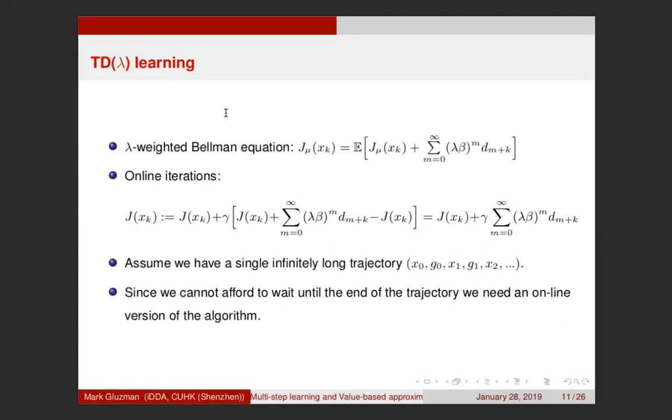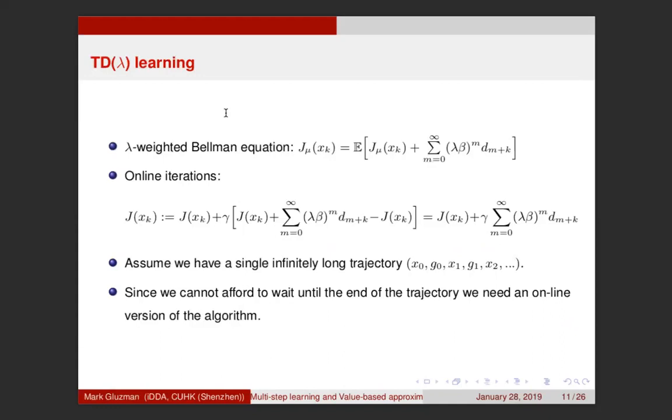So then the lambda-weighted Bellman equation is the following one, and we can do online iterations of this algorithm. We can see that there is a sum up to infinity, and of course we cannot afford to run an infinitely long trajectory, although we assume that we have one.